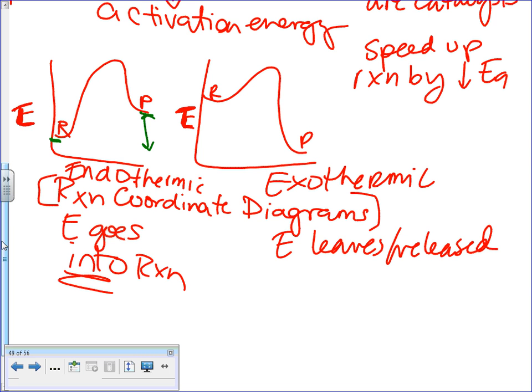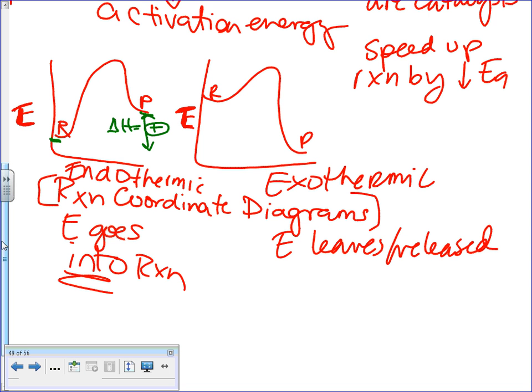Do you see it? That is called delta H, and H stands for enthalpy. We're going to talk about that. And since the energy is going into the reaction, you're adding to it. So do you think that's a positive sign or a negative sign? Positive, right. So it's a positive energy. Delta H is positive.